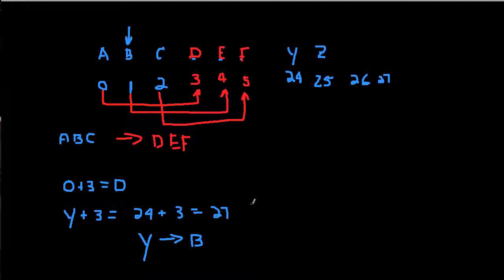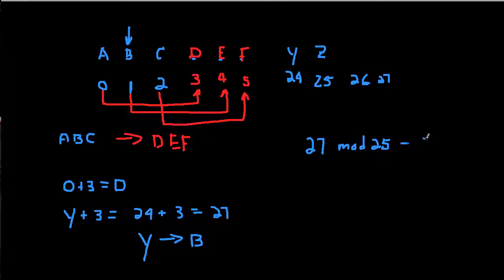Now, if I did 27 mod 25, that gives me 27 divided by 25, and the remainder is 2.